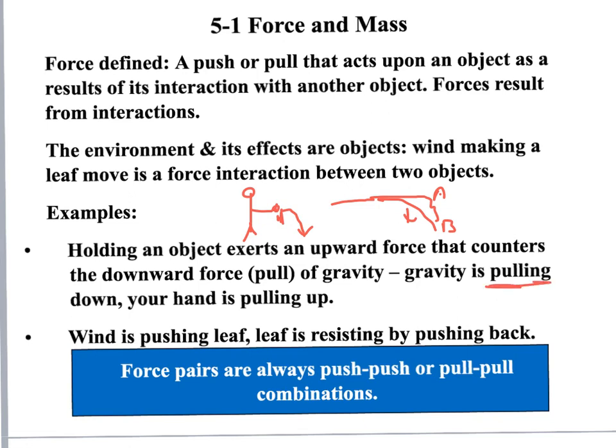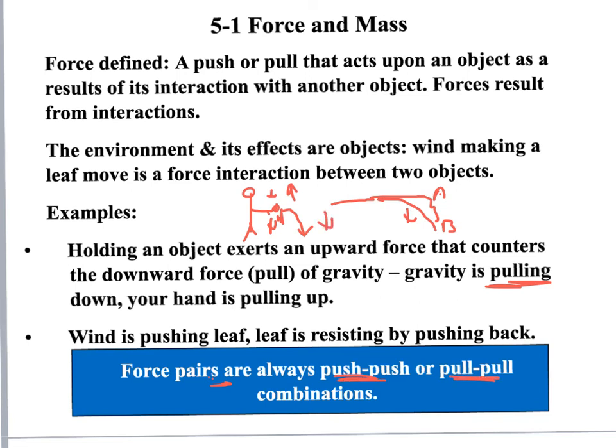So gravity's a pulling force, and you're pulling it up because force pairs are always in combination. When gravity's pulling downward, you're pulling upward. It might sound like you're pushing it upward, but force pairs are always push-push or pull-pull.